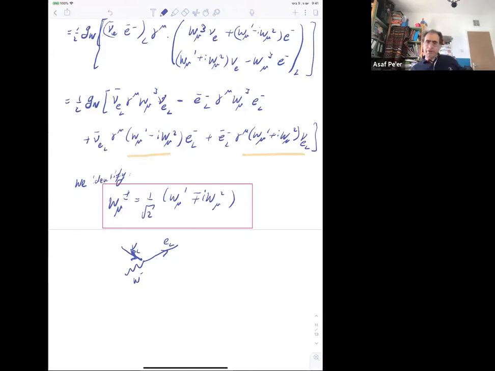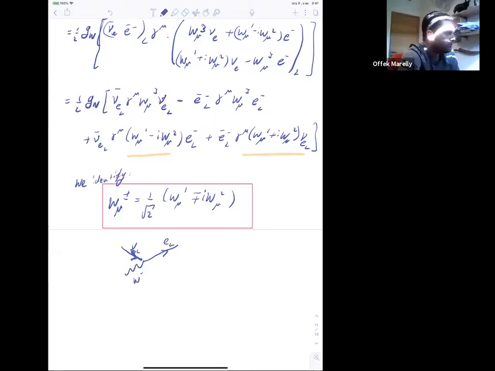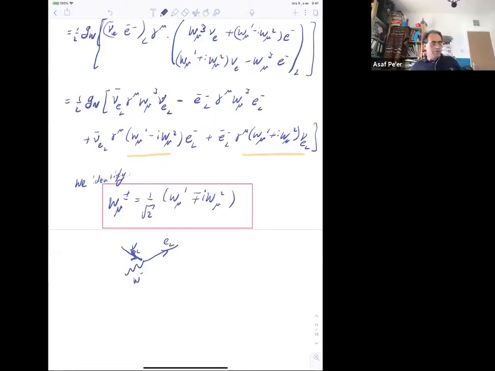There is a third, neutral current going on, right? Which one is that? The Z, right? Where is the Z here? What does the Z do? Does it carry any charge? No, right?